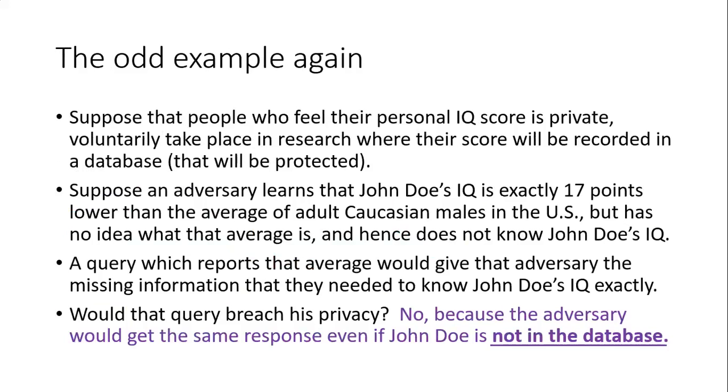But so this example where I think everyone would agree John Doe's privacy was not breached in this sort of contrived example kind of motivates the idea of differential privacy, because one thing to note is that if the adversary had this auxiliary information, then this query, which reports the average IQ score of adult Caucasian males in the US, that query would be pretty much the same whether or not John Doe's data was in the database.